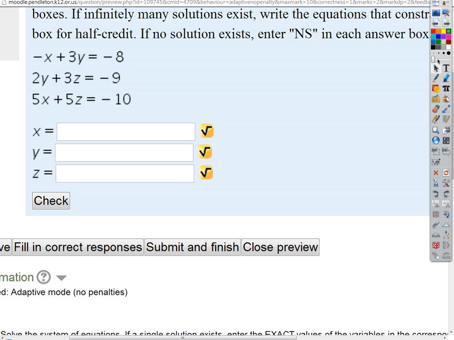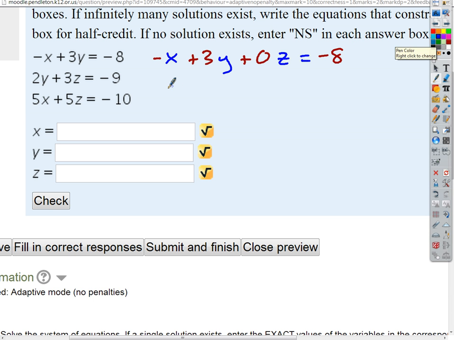So I could write that as negative X plus 3Y plus 0Z equals negative 8, right?